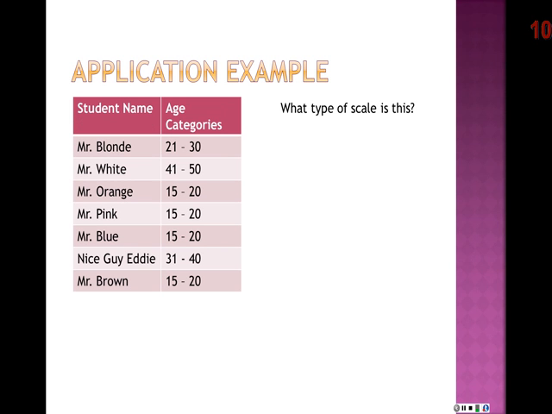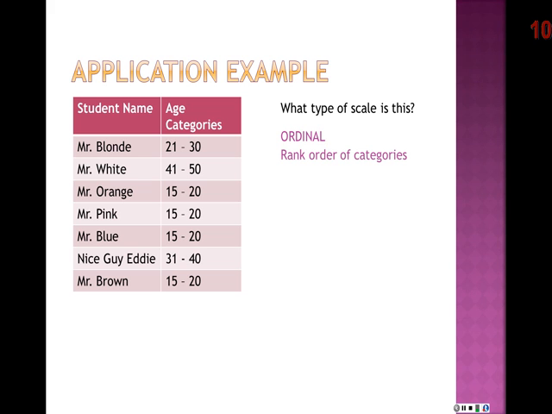So what type of scale is this? In this one, instead of having specific ages, we have age categories, right? We have 21 to 30, 41 to 50, 15 to 20, 15 to 20 again, 31 to 40. So what type of scale is this? This is an ordinal scale, because people are put into categories that can be rank ordered, right? 21 to 30 is going to be less than 41 to 50, for example.